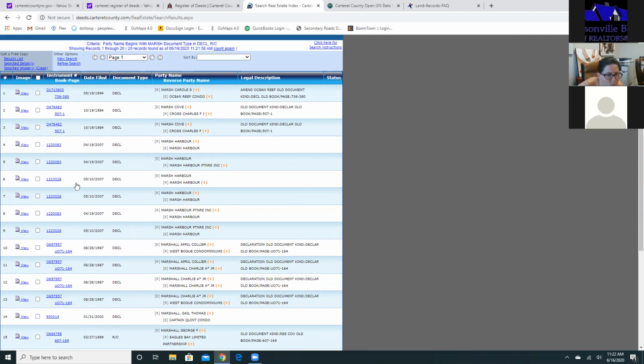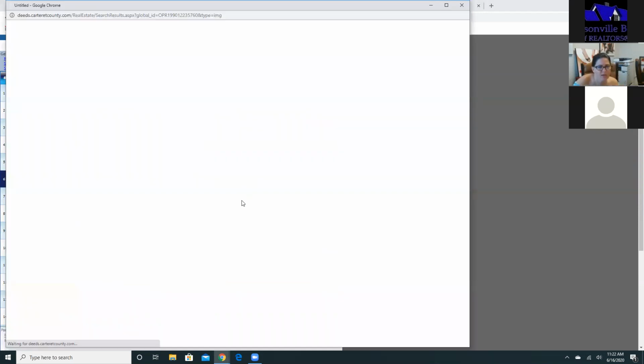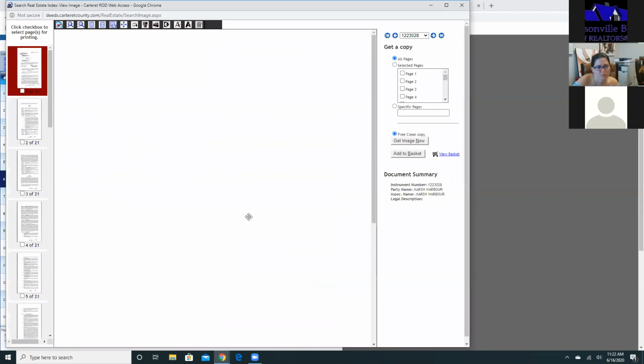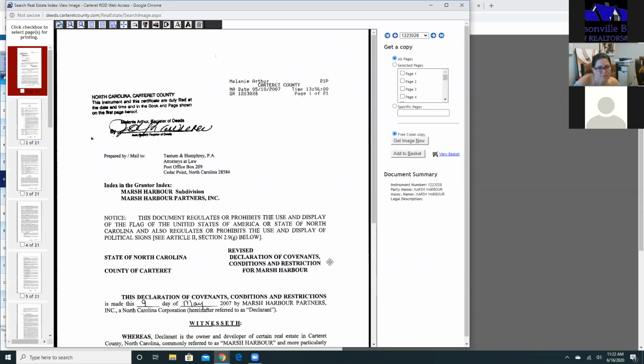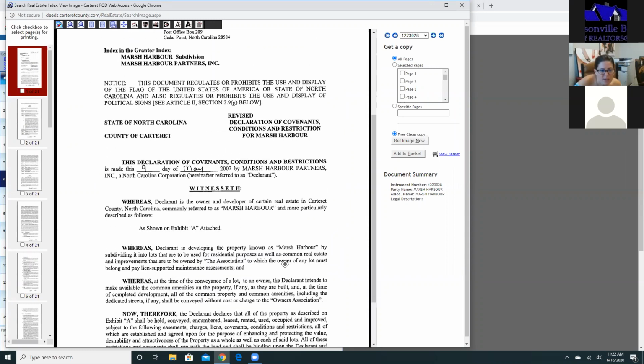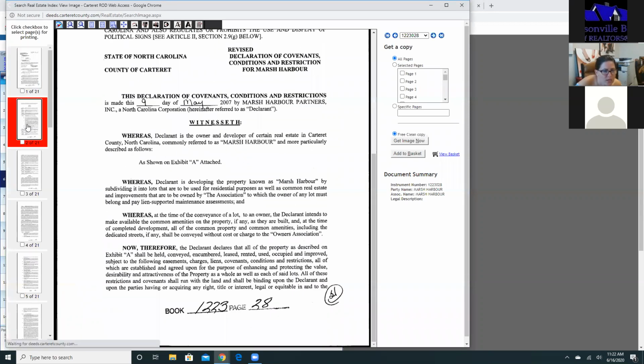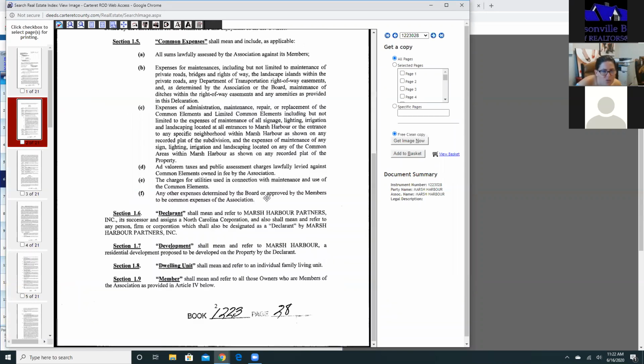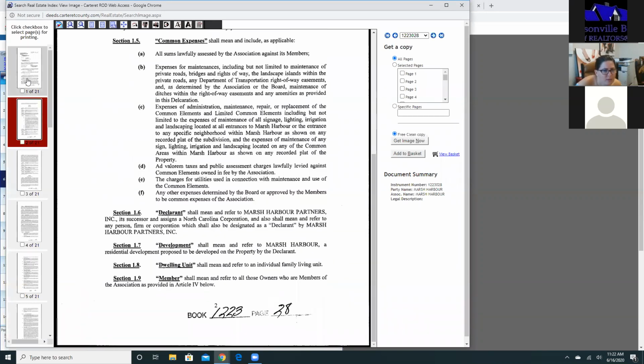So let's just click on one of these and see what we've got. Yep, there they are. Now that you have one of them up, this is a revised declaration of covenants. As you're looking in them, it should tell you what it's revising at some point.